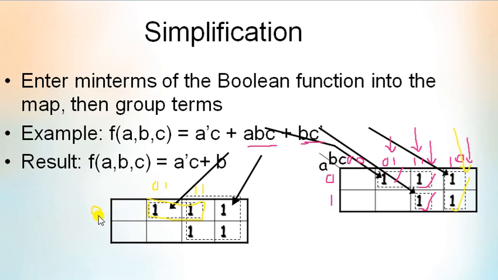And here the value of A is same for these two cells, and also the value of C is same, but the B is changing. So we have to write A dash for 0 and C for 1. So the result will be A dash C. We will not write B here because the value of B is changing. We have two different values, so we won't write B here.